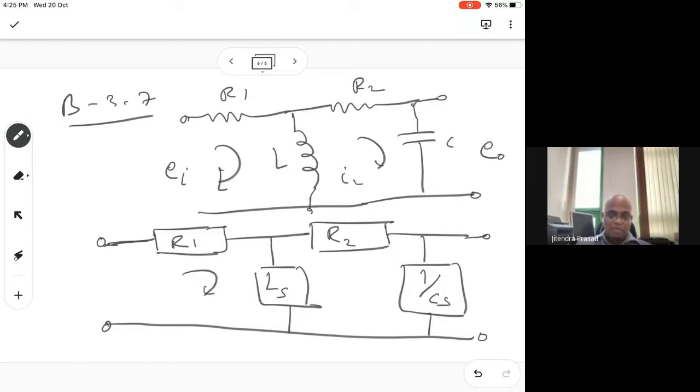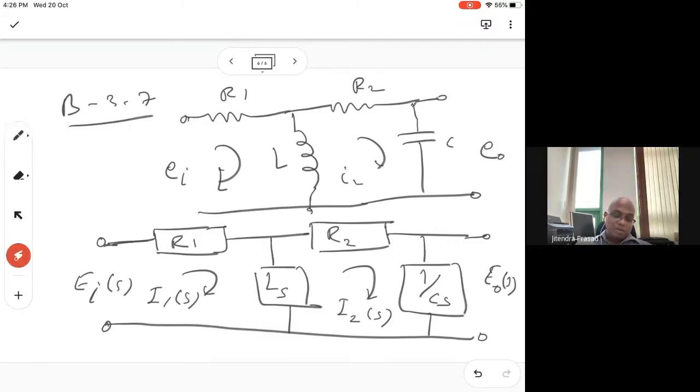We have this I1(S), input Ei(S), output Eo(S), and here we have I2. Next, we have I1 here and I1 here.